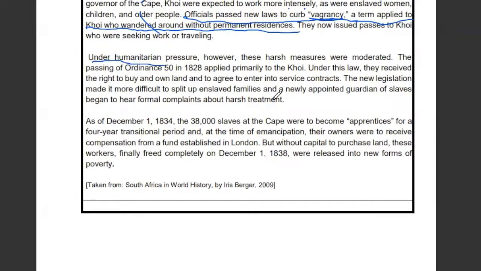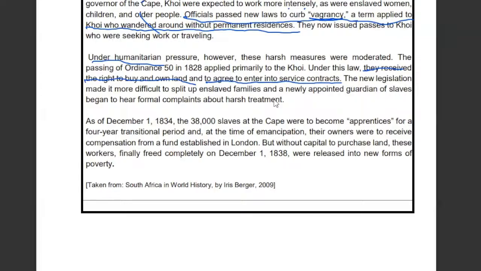Under humanitarian pressure, however, these harsh measures were moderated. The passing of Ordinance 50 in 1828 applied primarily to the Khoi. Under this law, they received the right to buy and own land and to agree to enter into service contracts. This is the benefit of Ordinance 50 to the Khoi.